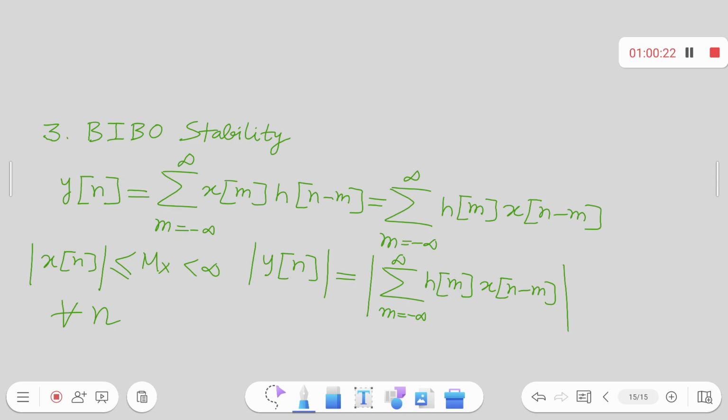Now this is basically the mod of a sum, and you know this mod of a plus b is always less than or equal to mod a plus mod b.